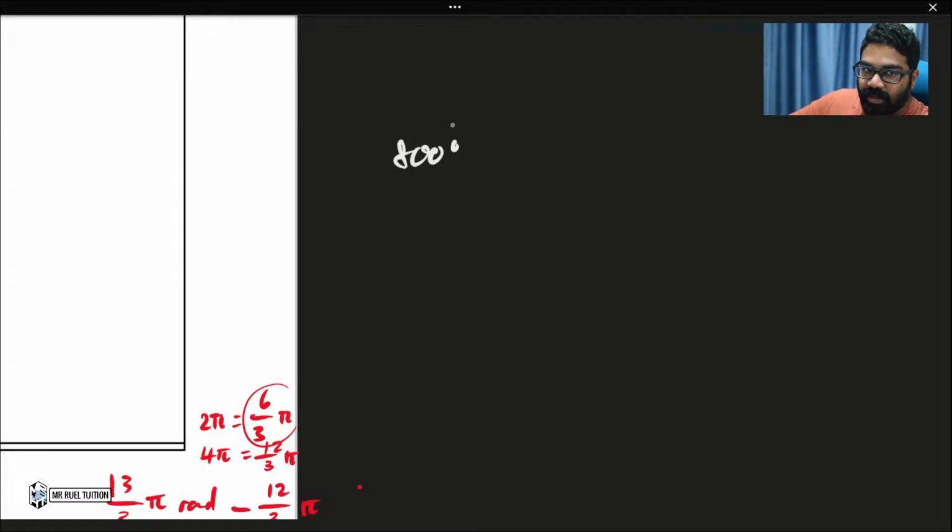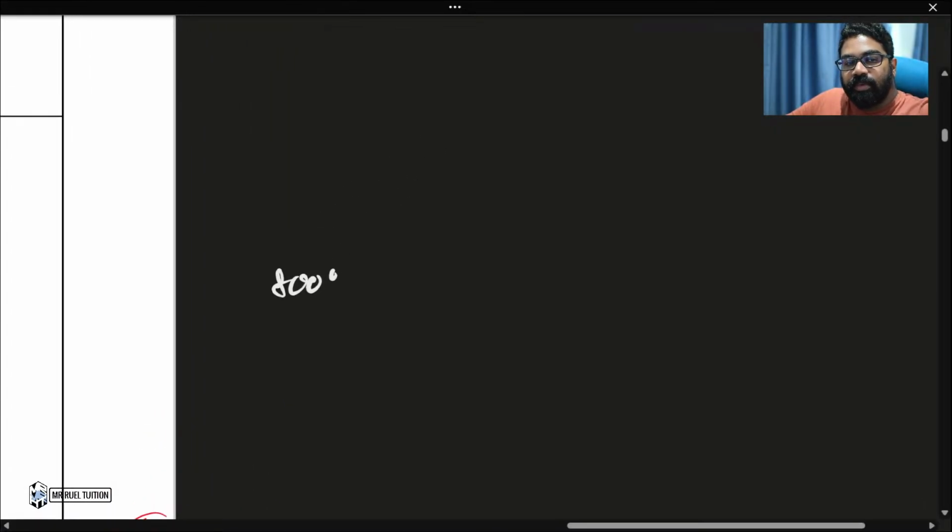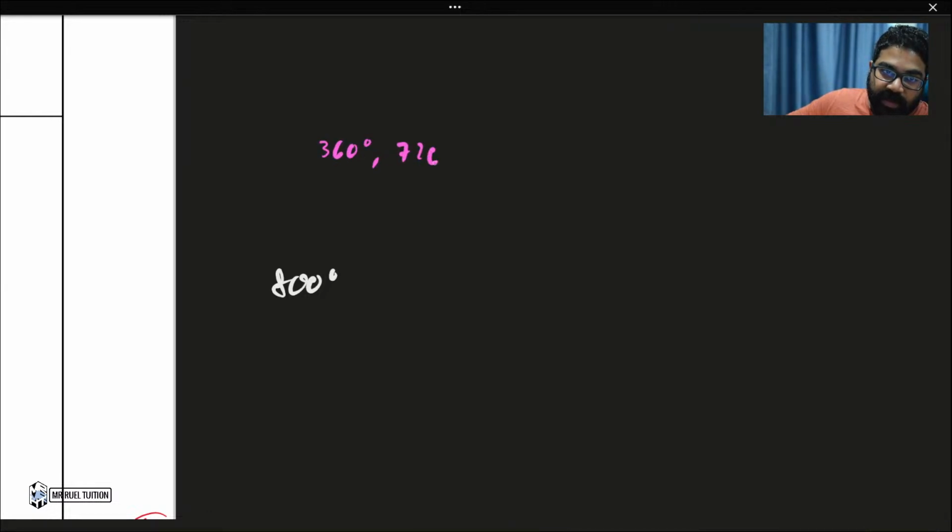So here, what is the largest multiple of 360? Apakah gandaan terbesar 360 dalam sini? So the multiples of 360 are what? 360 and then 720 and then darab 3, 1080, right? And so on lah. Okay, apa gandaan 360 paling besar?